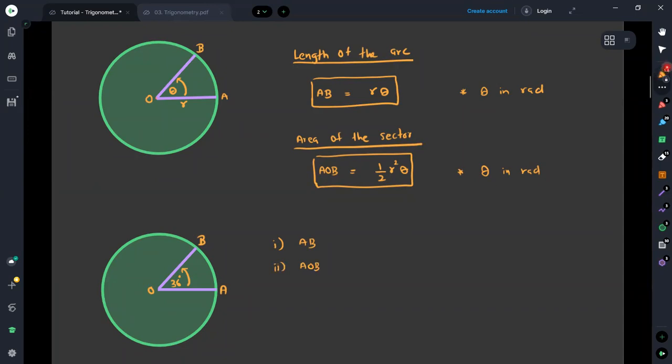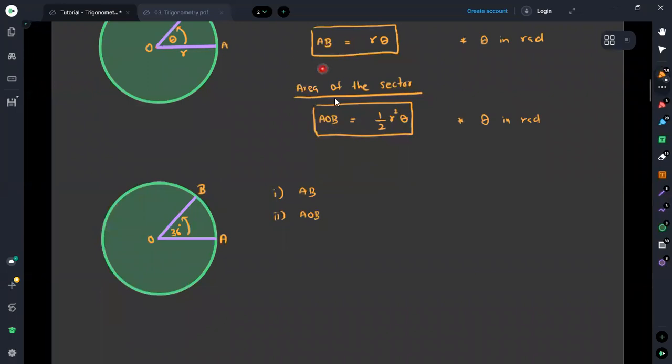In this regard, we first need to find the length AB. To find AB, we can use the formula length equals r theta. Here I have missed the radius. Suppose it is given as 3 centimeters. Therefore, the length of the arc AB is r equals 3, and theta is 36 degrees.